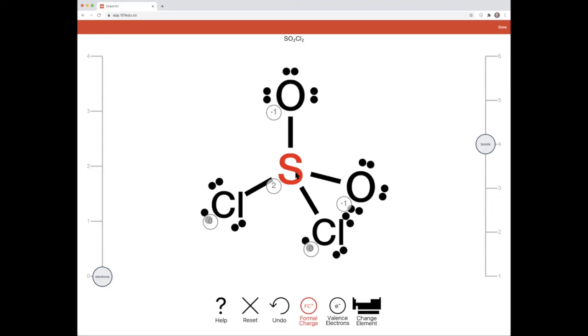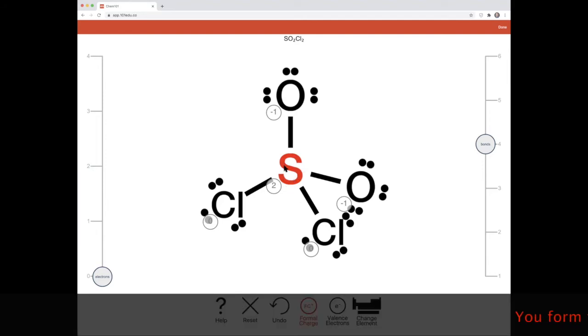What I can do is make a double bond with the sulfur with one of these atoms right here. That will bring the formal charge down on the sulfur, and the other consequence is that I'll exceed the octet on the sulfur. So I'll click that bond and turn that into a double bond.